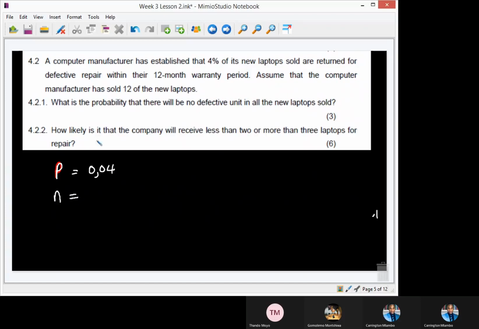Our N is 12. Then I can say calculate the mean. Mean is equal to NP. So what's your mean? 12 times 0.04. You get 0.48. I can ask you for standard deviation.